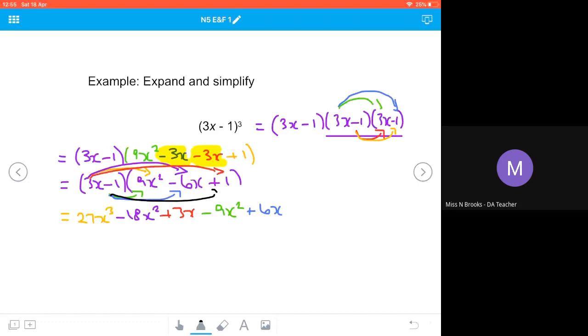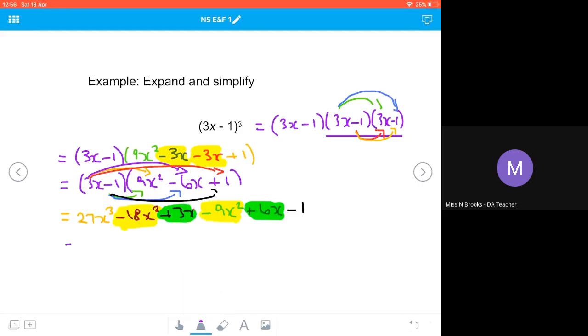So let's go and have a look and see our like terms. So we've got a negative 18x squared, remember the sign goes with it, and a negative 9x squared that we're going to collect together. And we've got a plus 3x and a plus 6x that we're going to combine together.